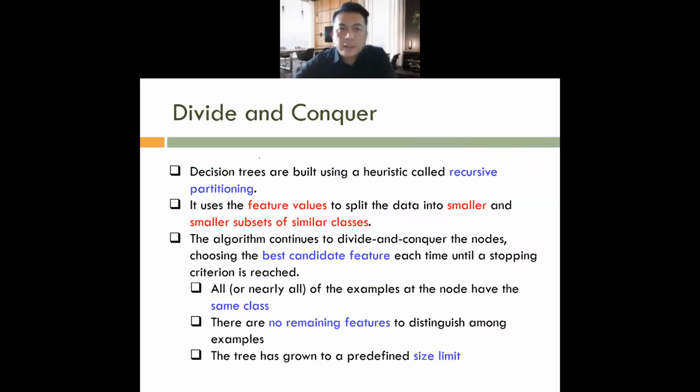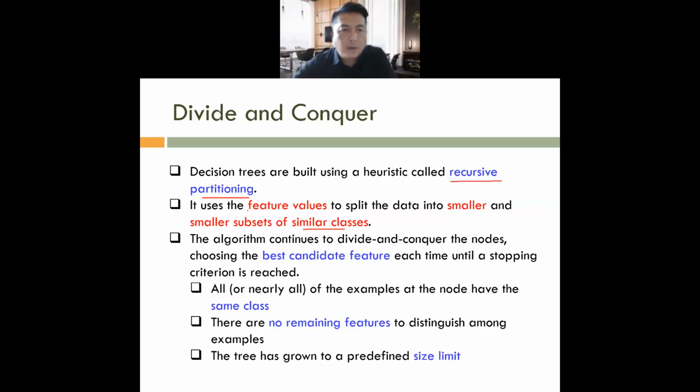Okay. So the decision tree is built using a heuristic algorithm called recursive partitioning. If we have a few attributes or variables that we can consider, we will try to pick the best attribute that can split your data into two or more partitions that have similar classes.